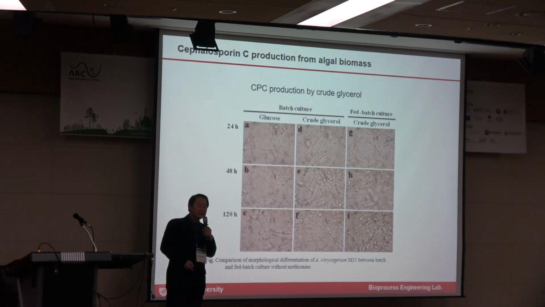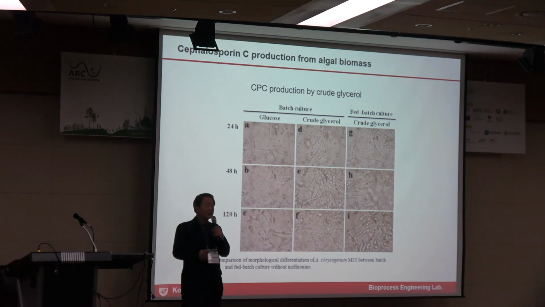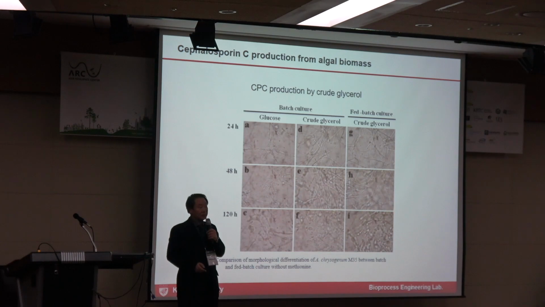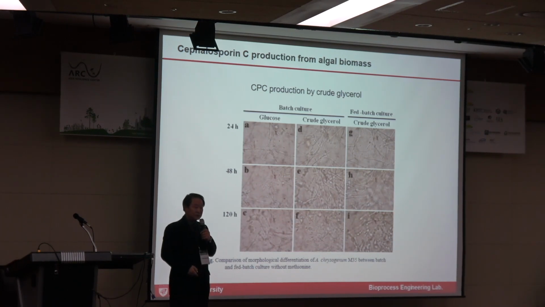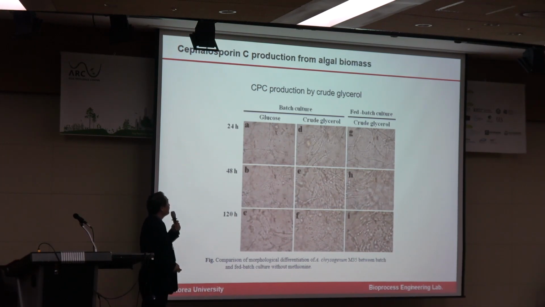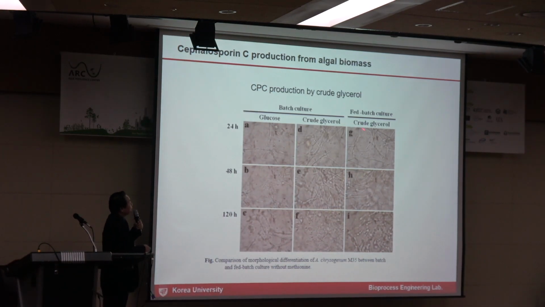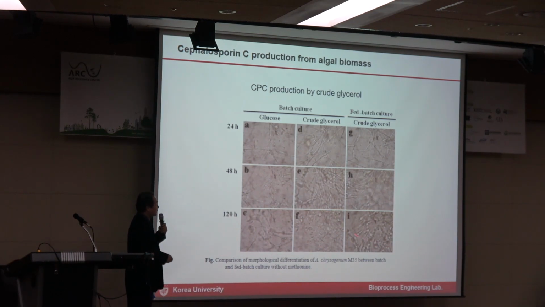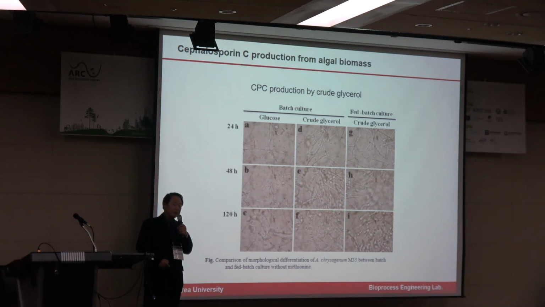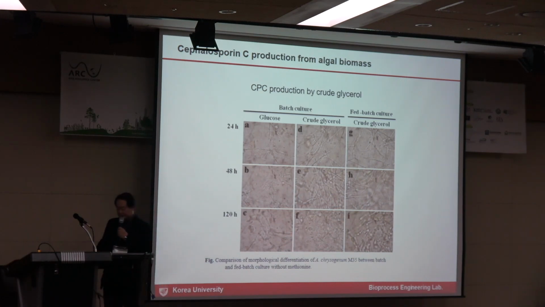Normally, to produce CPC, companies use methionine, but it's a bit expensive. So without methionine, you can use crude glycerol. If you perform batch culture or fed-batch culture, you could see the morphology here, the swollen hyphae. If you look at this kind of morphology, CPC productivity is quite increased.